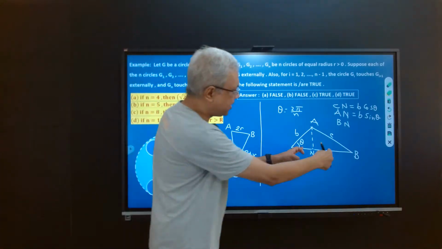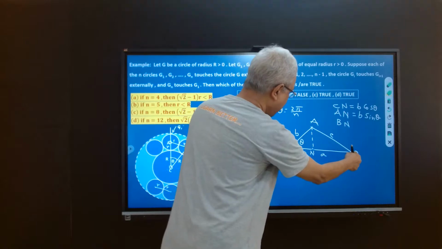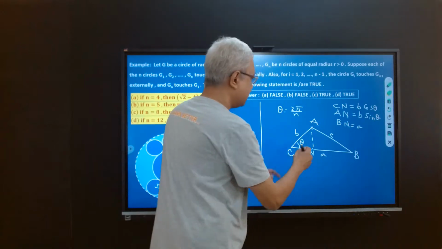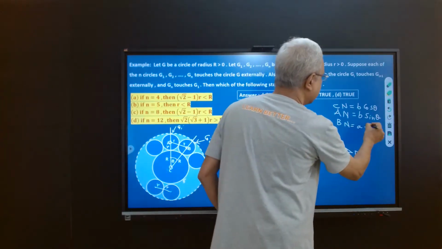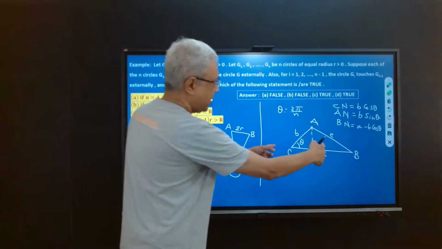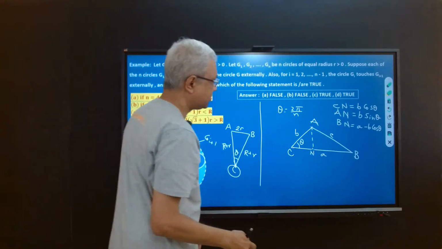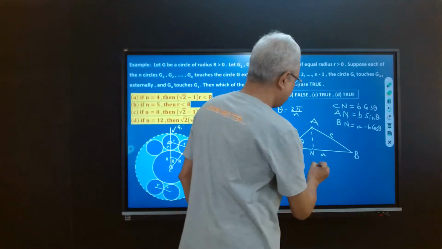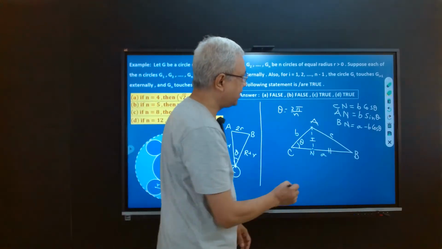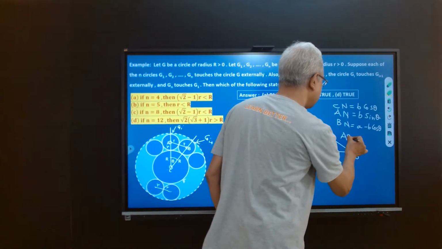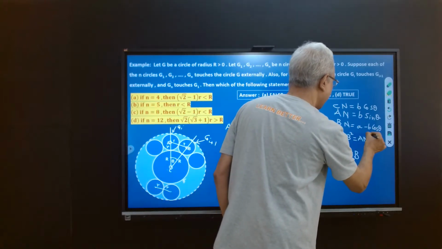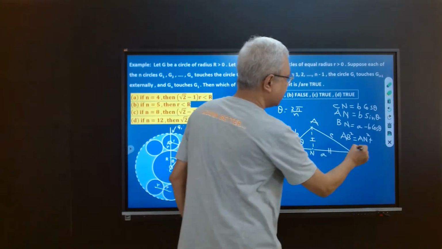BN is actually, because entire BC is a, so it is a minus b cos theta. So value of BN is known, value of AN is known. So I can write from Pythagoras theorem, again class 10 geometry, AB square is equal to AN square plus BN square.